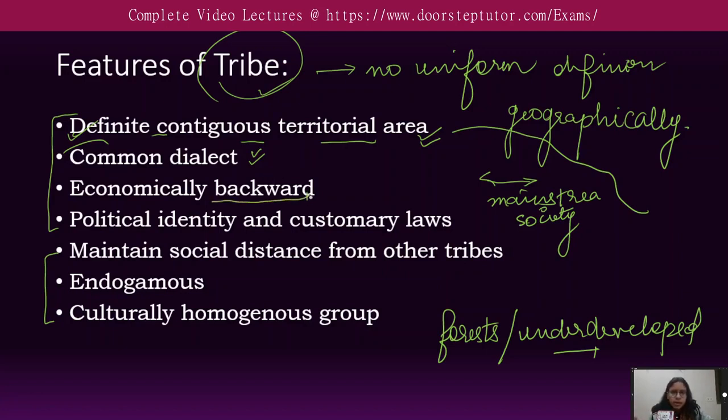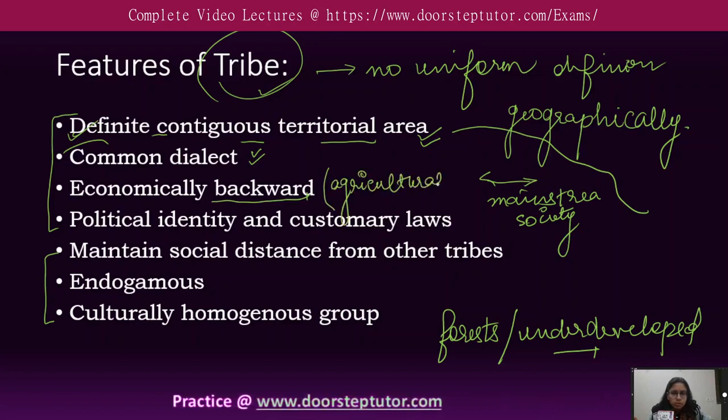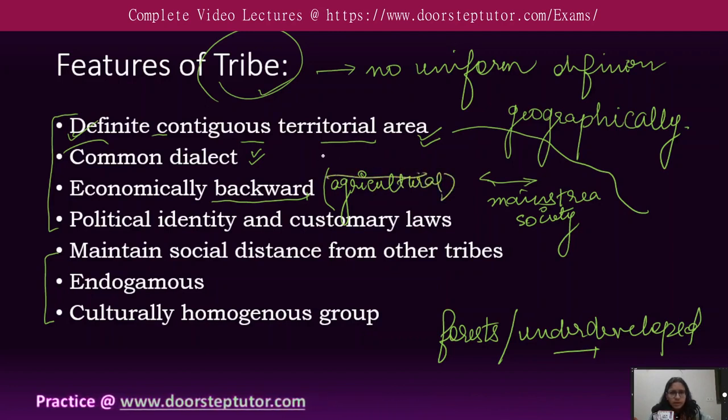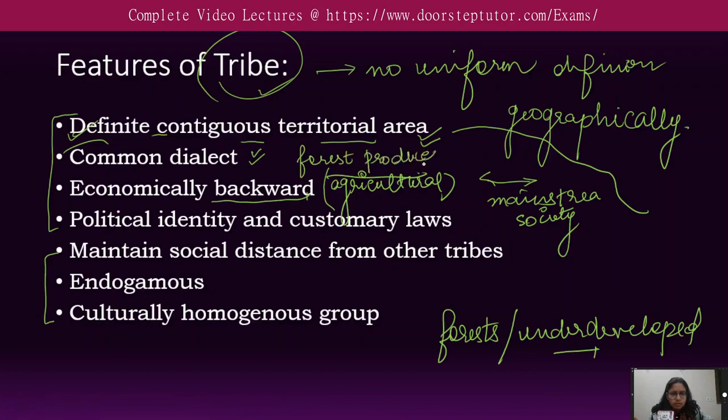They're economically backward because they are mainly limited to agricultural work, or agriculture that is not very modern in any sense. They're mainly dependent on forest produce, sustaining themselves through cultivating forest produce, different types of medicines, herbs, etc. They have a political identity.